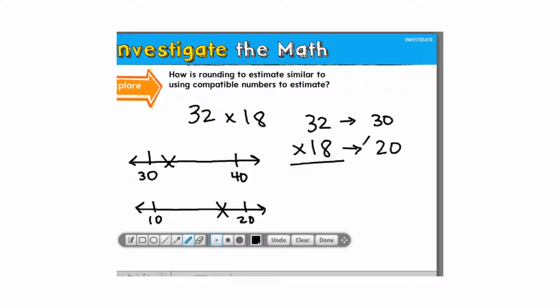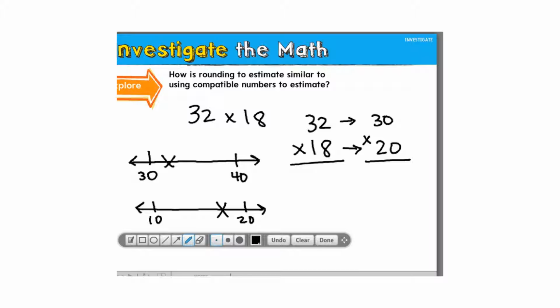Because if you think about it, is 8 closer to 10 or 0? So we're kind of rounding too. Another way to think of that is, if it's closer to 10, then you bump it up.